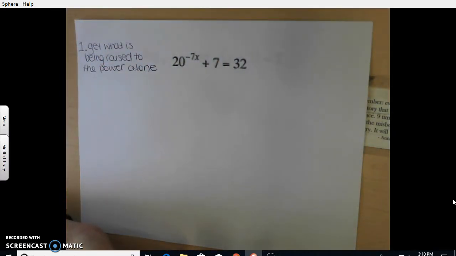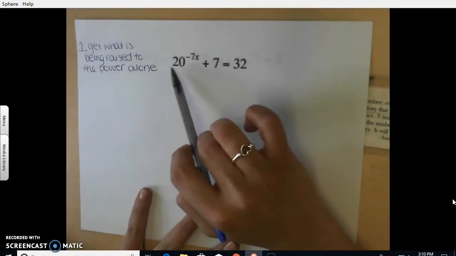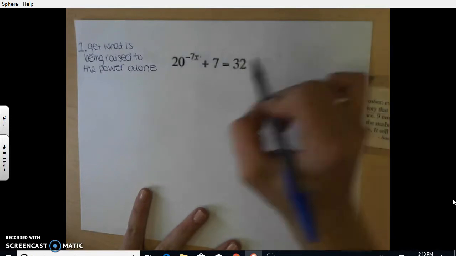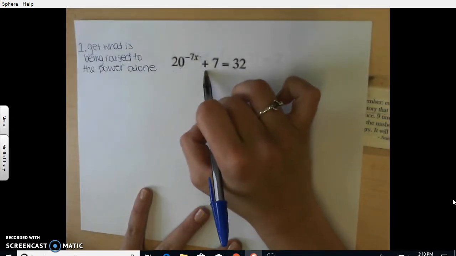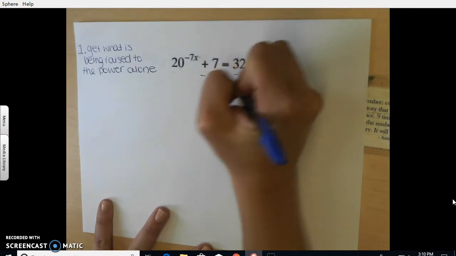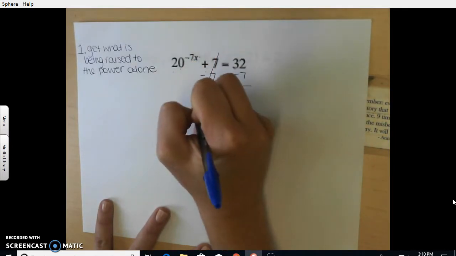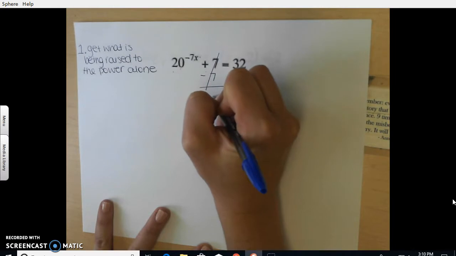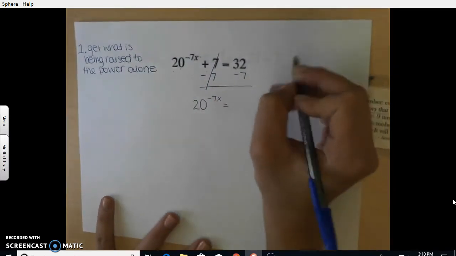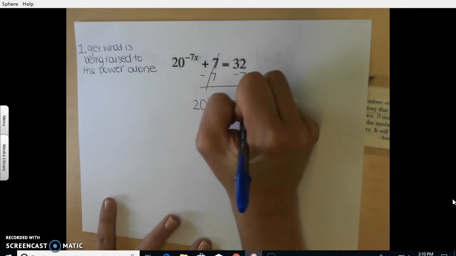So what is being raised to the power? 20 to the negative 7x power. In order to get that by itself, we need to get rid of the 7. So we subtract 7. And I get 20 to the negative 7x is equal to 32 minus 7, which is 25.